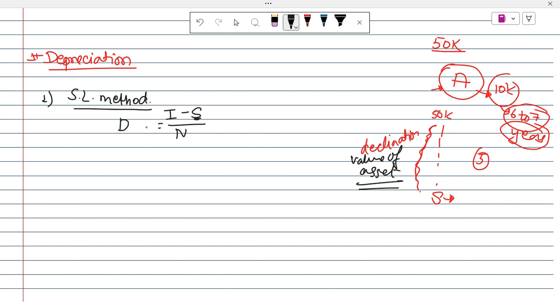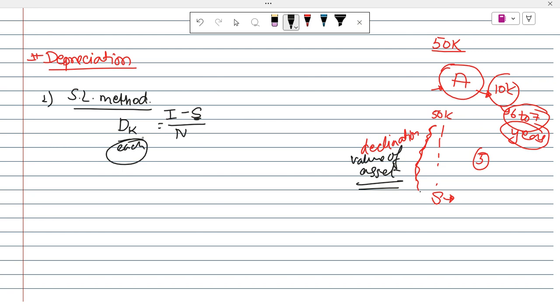This gives the amount of decay, which is known as the depreciation amount for each year. This is known as the salvage value method.